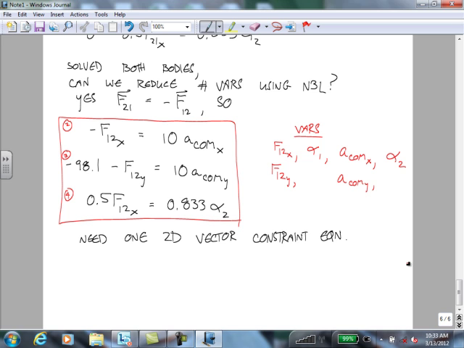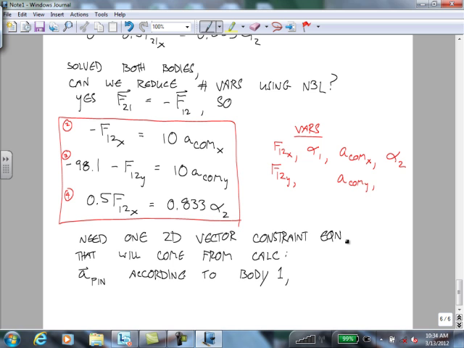And that will come from calculating the acceleration of the pin according to body 1, calculating the acceleration of the pin according to body 2, and requiring that they accelerate together.